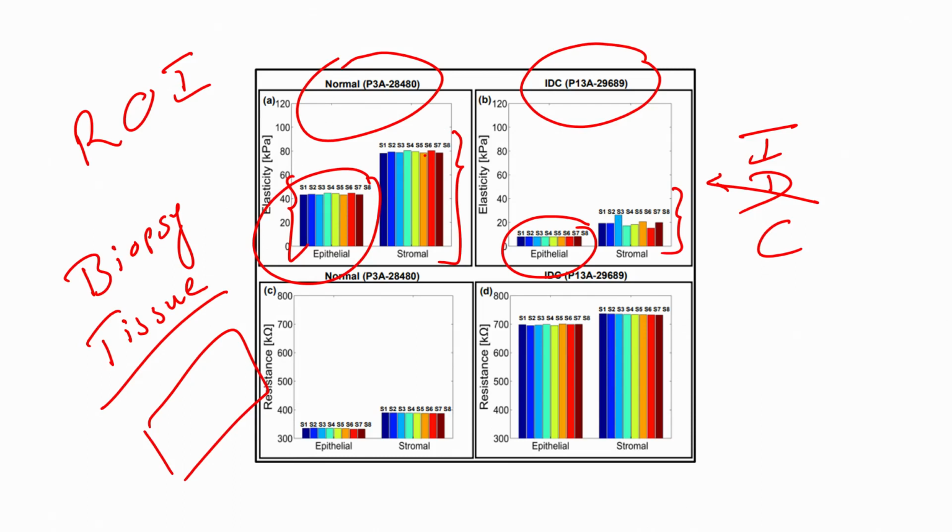Thus, what we see is that there is a change in the elasticity, or the stiffness, of the tissue in a cancer patient compared to a normal patient, and thus using a piezoresistive cantilever we can understand whether a tissue is from a normal patient or from a cancerous patient based on the elasticity value, right.